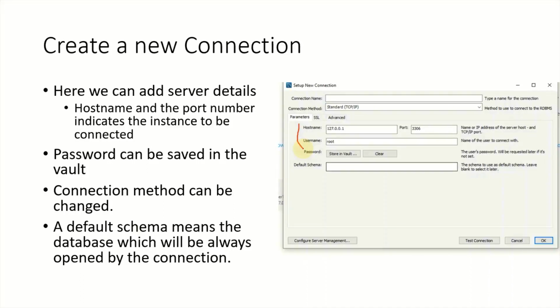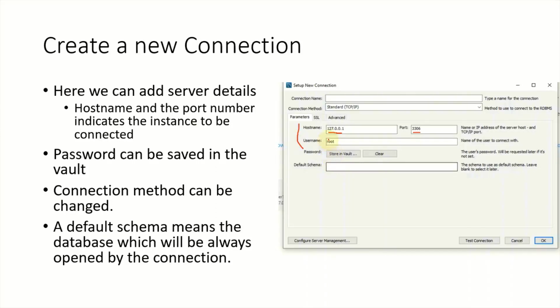Usually we use localhost or this IP, and this port number is the default. You can change this port number during the installation or configuration of the MySQL server. If you have passwords and you don't want to type the password every time you start the connection, you can save your passwords in the vault.